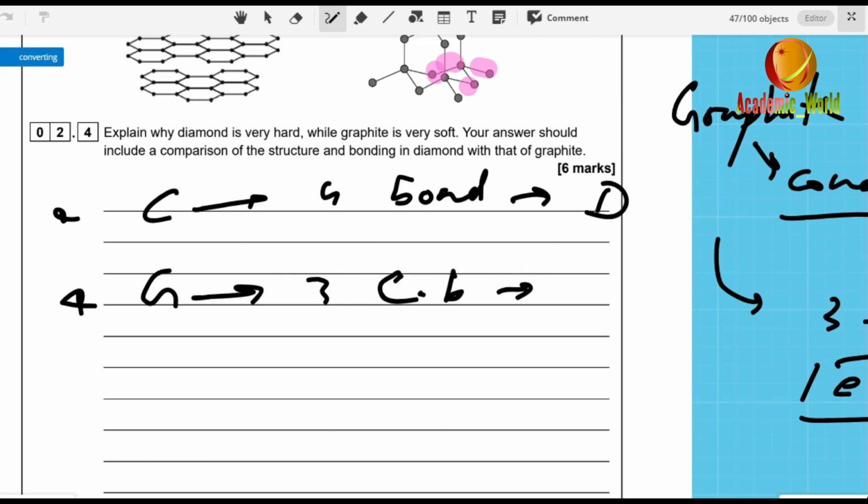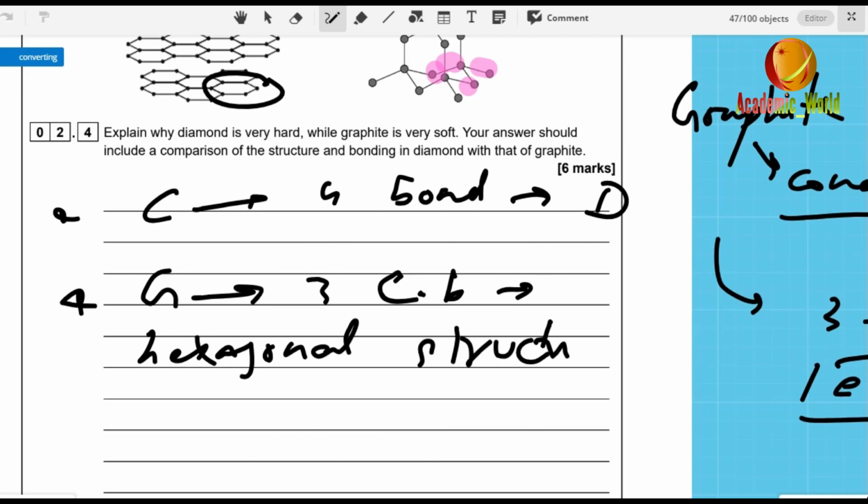And it means that it creates a layer that will form a hexagon structure. You can see here 6 carbons are arranged with each other, so that makes a hexagonal structure, but that structure is present in layer form. So the layers require a weak or small amount of energy to break.